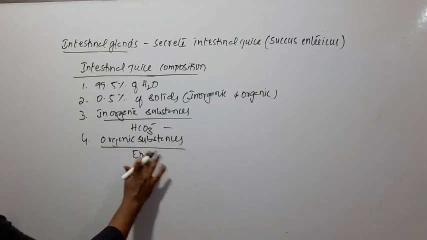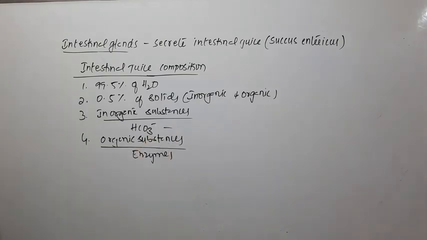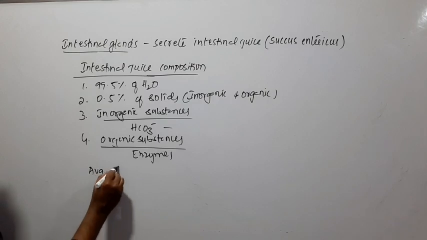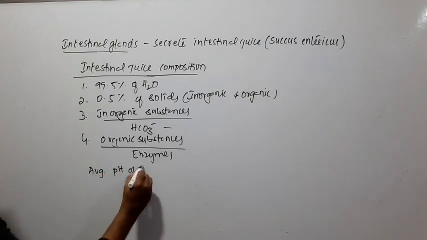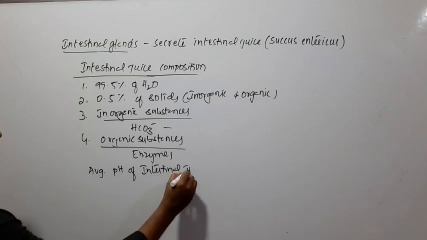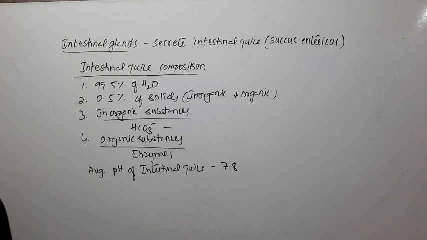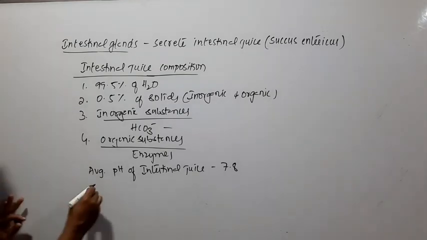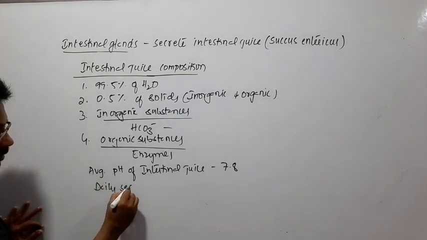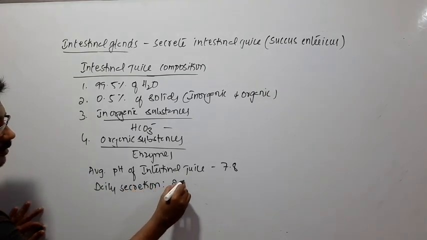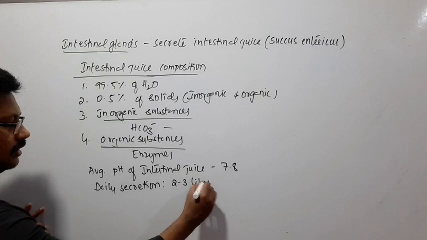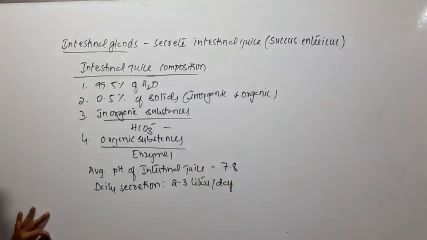Just now I mentioned all those enzymes which are present in the intestinal juice. Then the average pH of intestinal juice is around 7.8, and the daily secretion is around 2 to 3 liters per day.